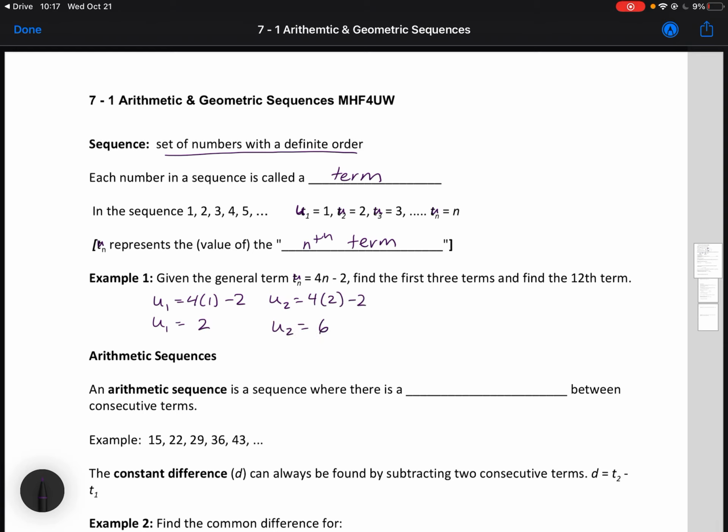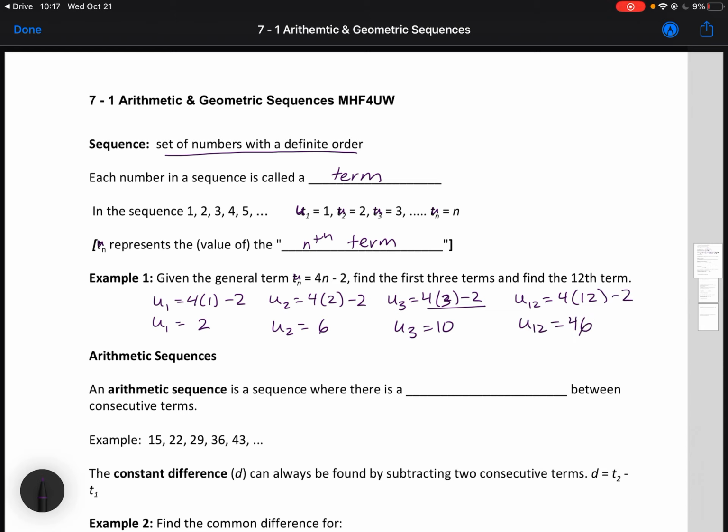So my value for U2 is going to be 6. U3, substituting in a 3, is going to give me 10. And then for the 12th term, I would just substitute in a 12 for the n. So I would get U12 equals 46.